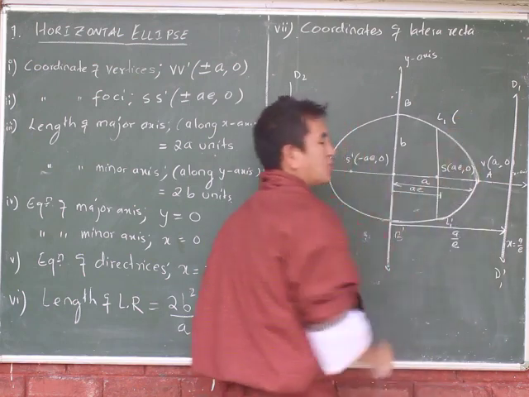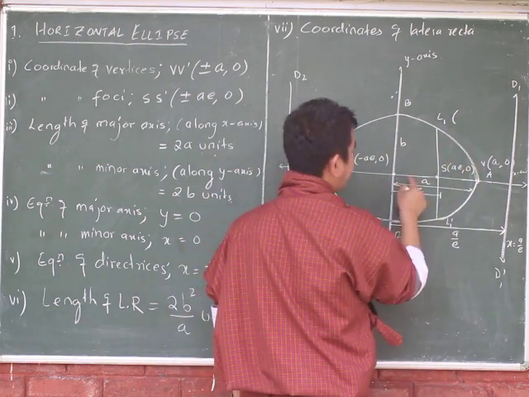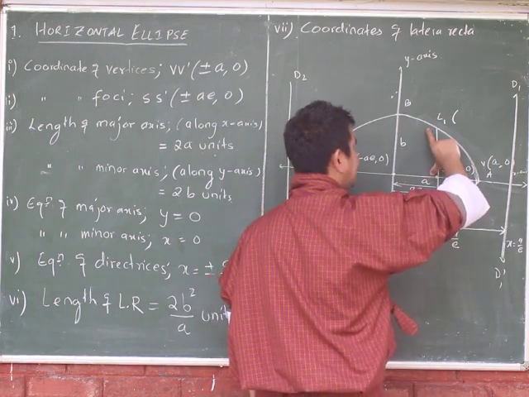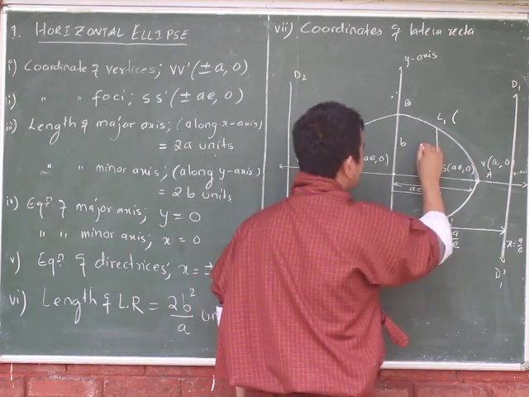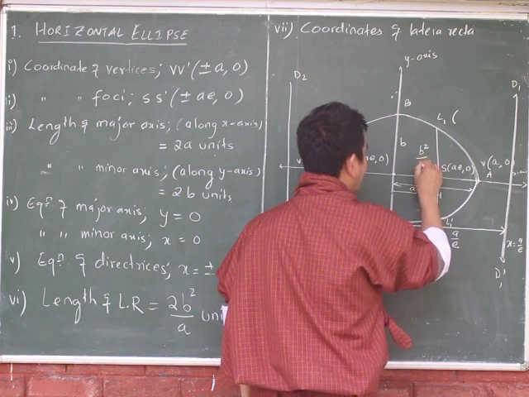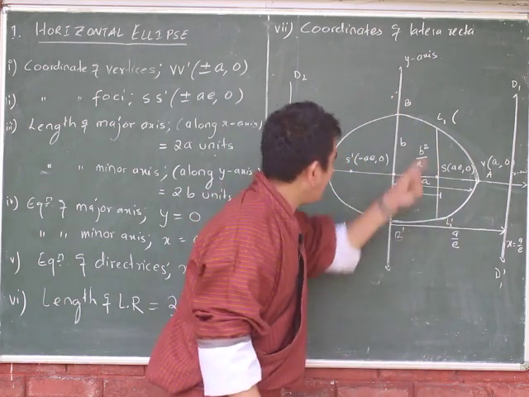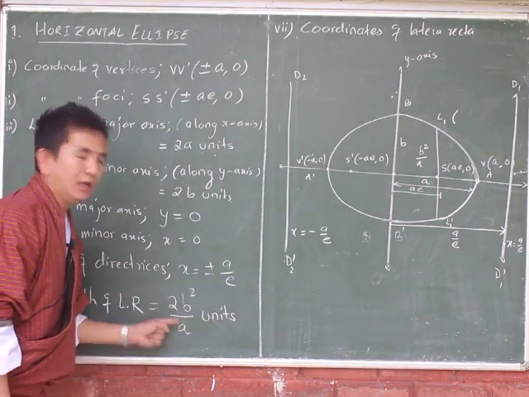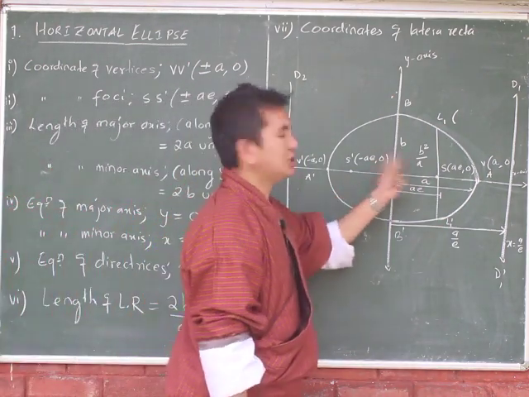This L1, what's the coordinate? You know, from here to here, the distance is ae. What about the distance from here? This distance becomes b square by a, because L1 to L1 dash is the length of latus rectum, which is 2b square by a. Half of this becomes b square by a.